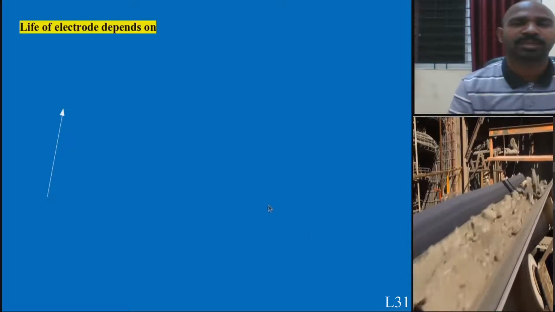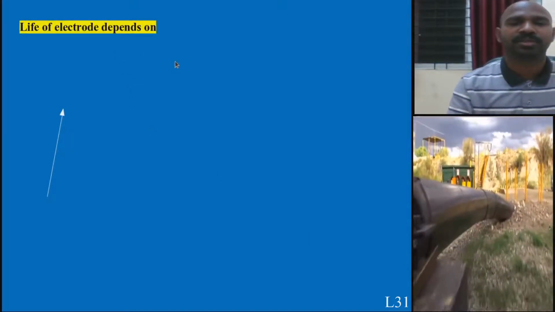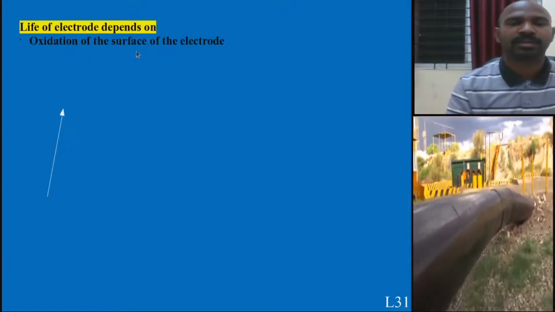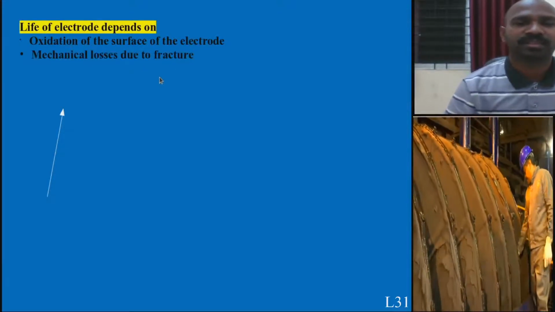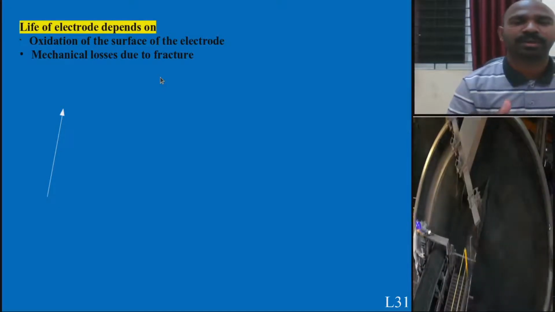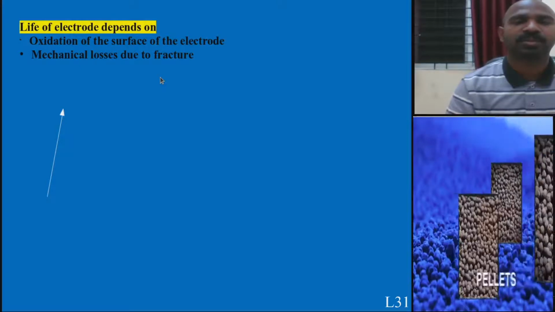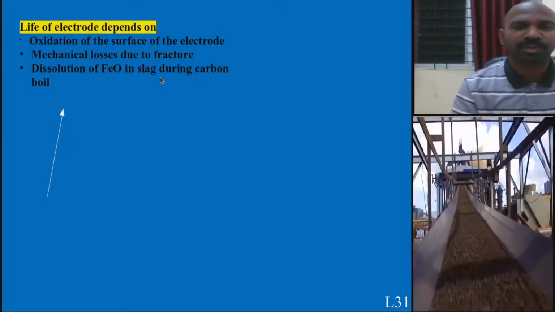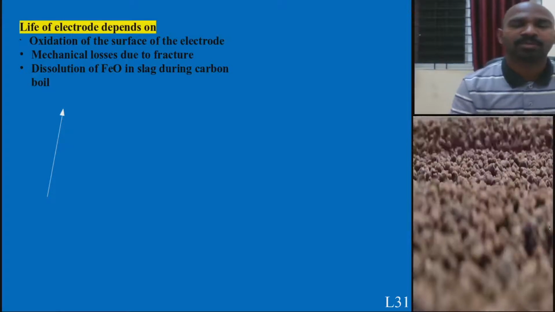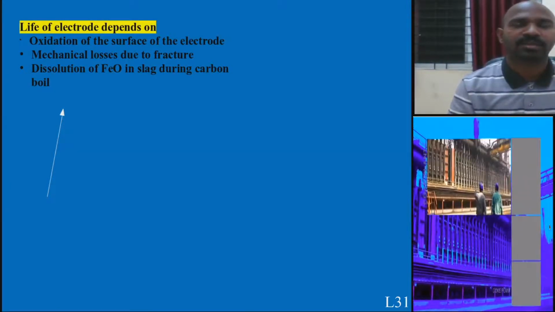Coming to the life of the electrode, it depends upon various parameters such as oxidation of the electrode surface, mechanical loss due to tilting and compressional and tensile forces, and dissolution of FeO in slag. These come in contact with the electrode during the carbon boil stage.